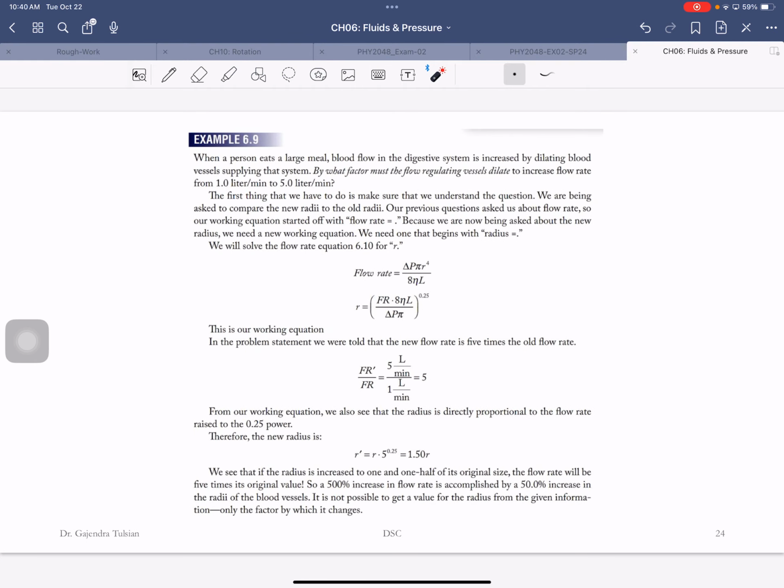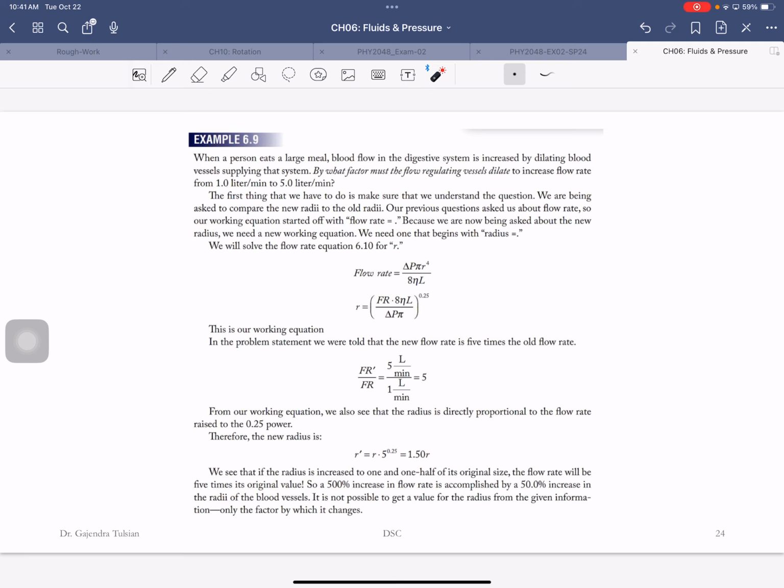So when a person eats a large meal, the body wants to increase the flow rate from 1 liter a minute to 5 liters a minute. You want to increase the flow rate of blood to your digestive system by a factor of 5. Why do you want to do that? Well, you ate a meal and you want to absorb all the nutrients. How do you increase the flow rate by a factor of 5?